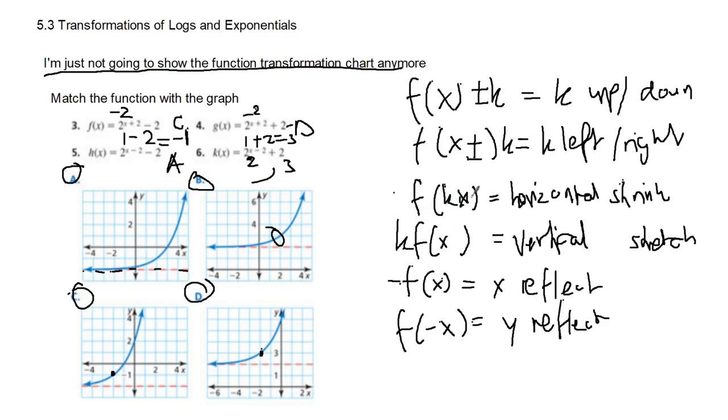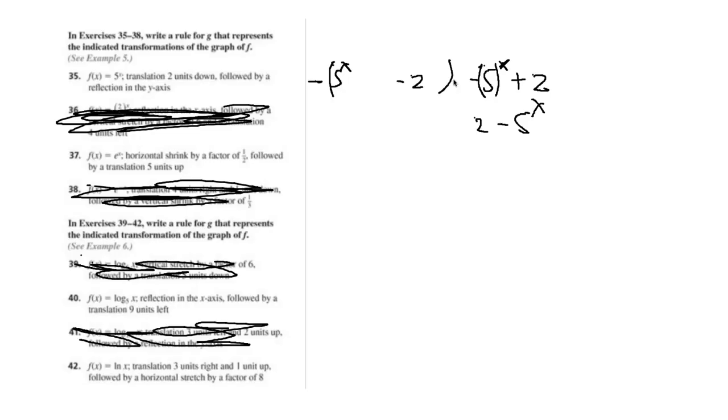So if you want to horizontally shrink something, you have to make it higher, because a horizontal shrink basically means it's a vertical stretch, right? So e to the x, horizontal shrink by a factor of 1/2, so we'll have e to the 2x already, followed by translation of 5 units up, so plus 5.